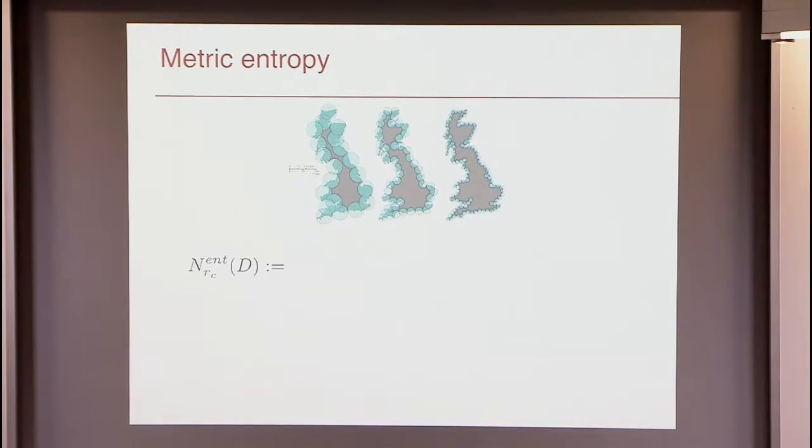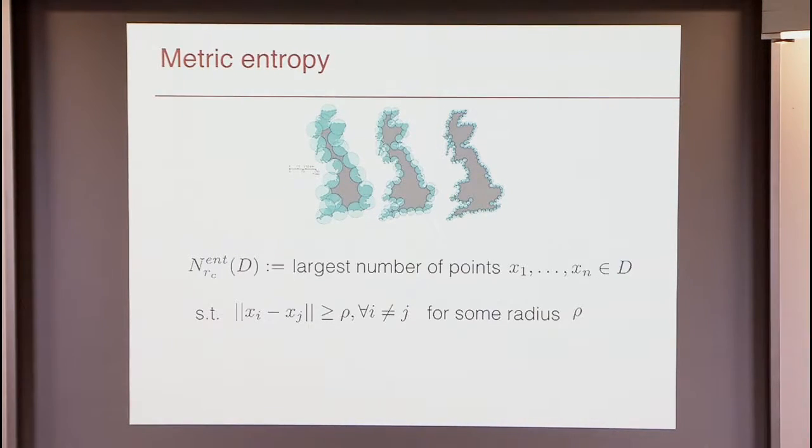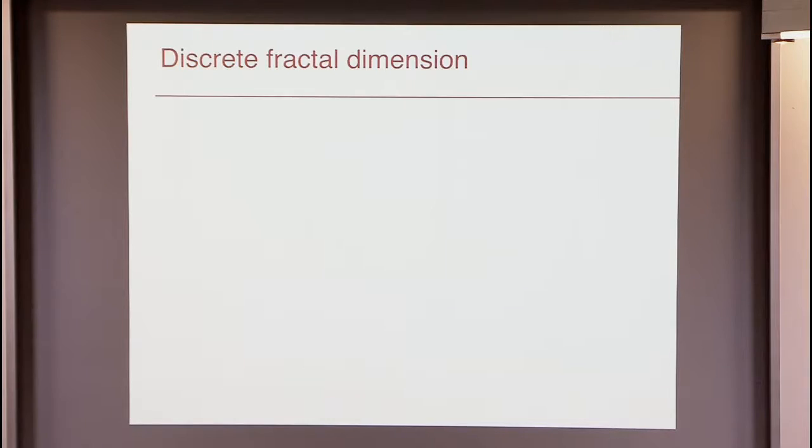So we're going to define the metric entropy for some data set as the largest number of points in the data set such that they are rho-separated for some radius rho. And the Minkowski dimension is the limit as that radius goes to 0. But we're actually doing kind of a discrete version of this.